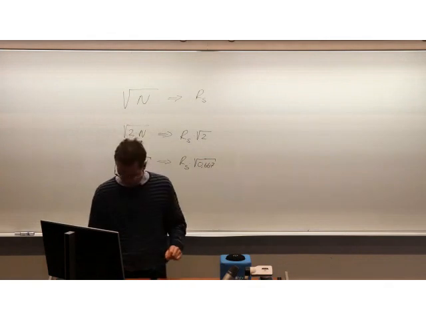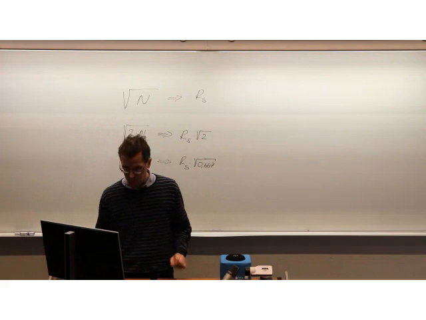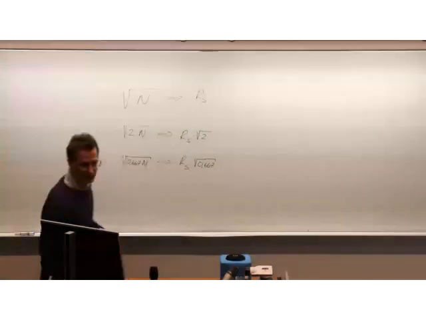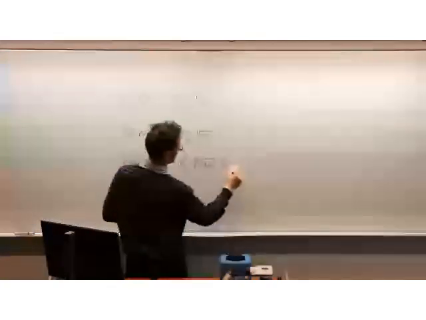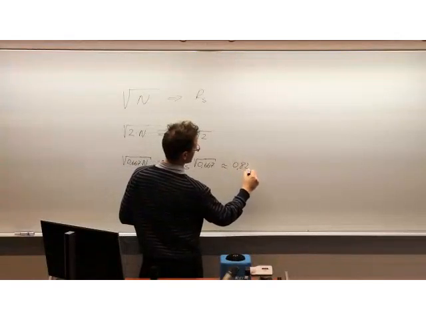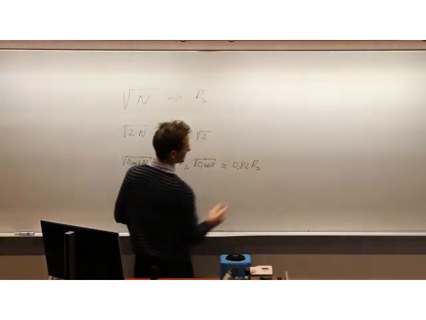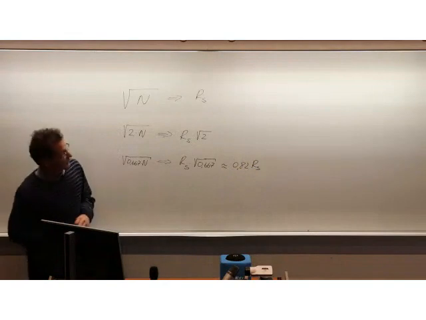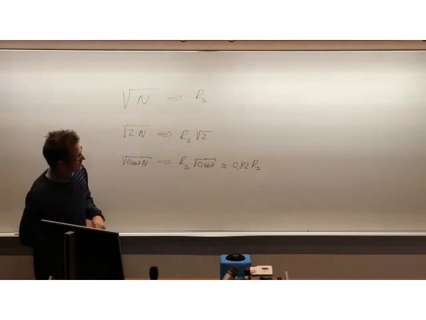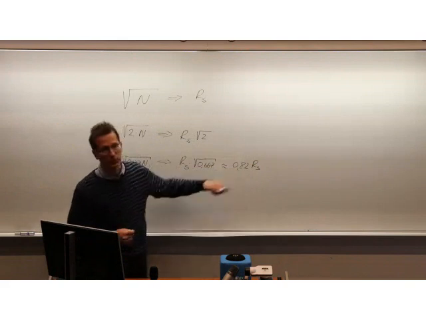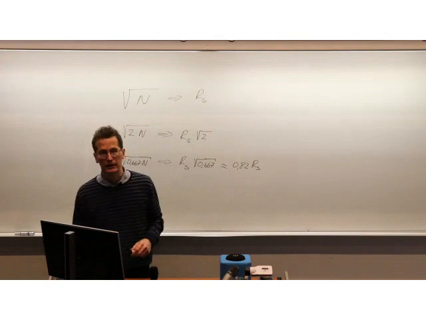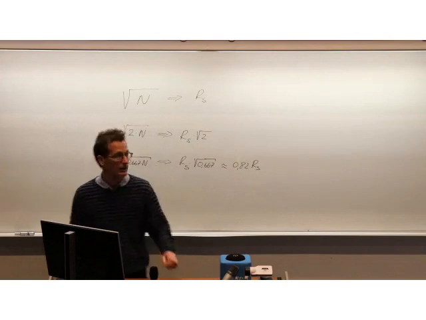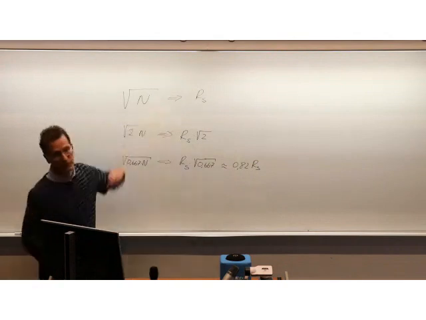So the square root of 0.667 gives us 0.82. So it's 0.82 times RS, which means it's about 18% smaller. Not 6% as the slide says, but 18% smaller than the initial one.